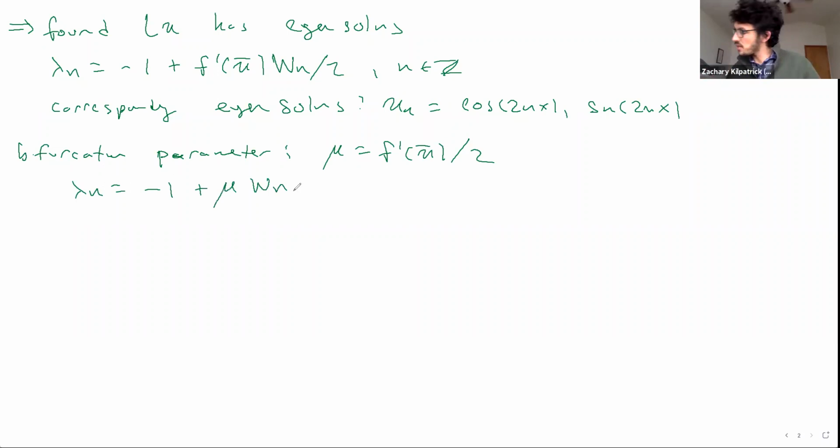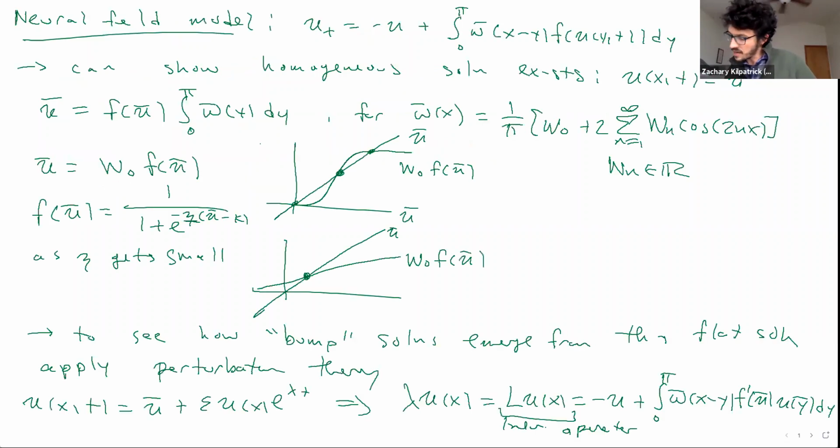Okay, and if we look back at f, so I'm going to go back to this slide, there's a number of ways that we could change mu, right? We could change eta, which is basically changing the gain of this nonlinearity. We can make the nonlinearity steeper. If you make eta very, very large, this behaves almost like a step function.